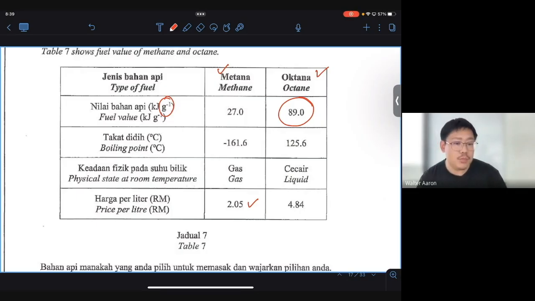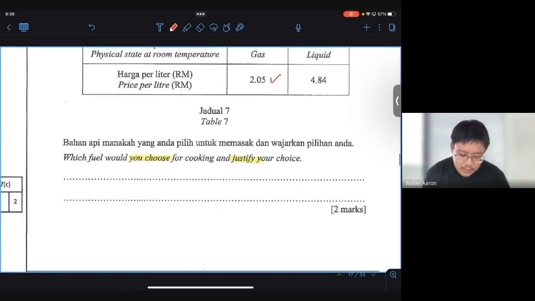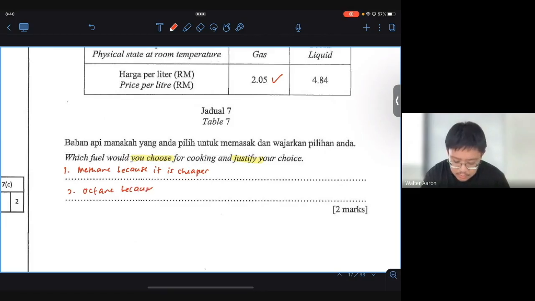Then you should be able to get 2 marks. It's actually quite easy. Okay? So scenario number 1 will be methane because it is cheaper compared to octane. And then if we choose octane, can also because it has a higher energy value.